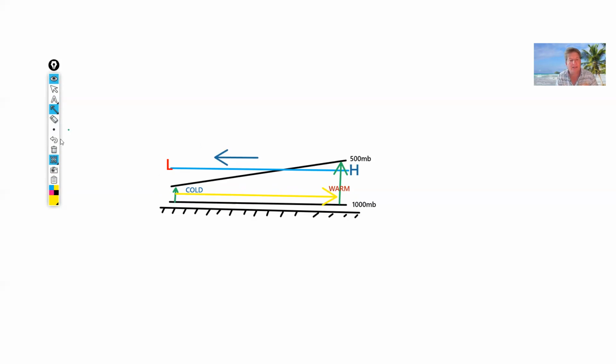Okay, so what that tells me is that there is a difference in temperature from here to there, and that tells me that I have a temperature gradient. So there's a temperature gradient from left to right. I'm changing temperature as I move horizontally.